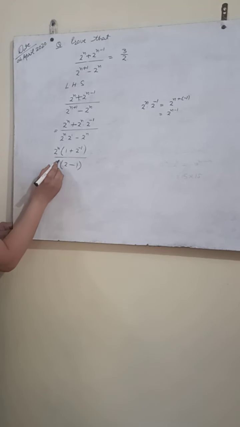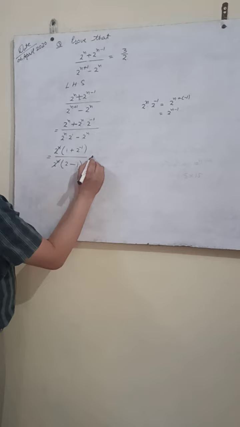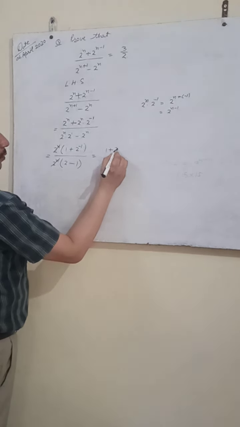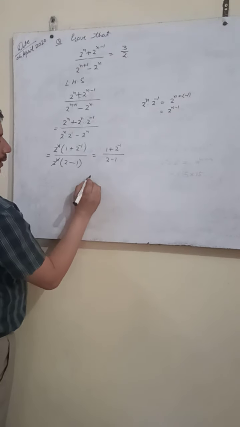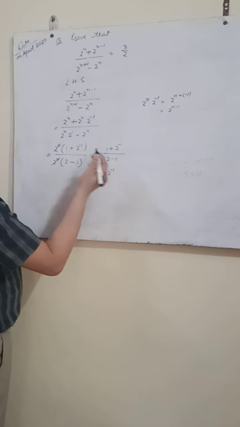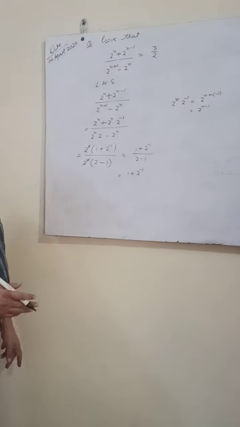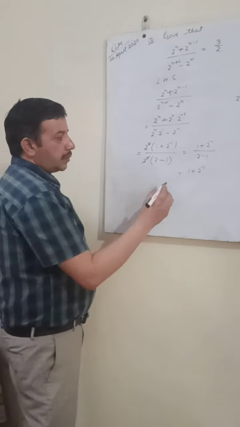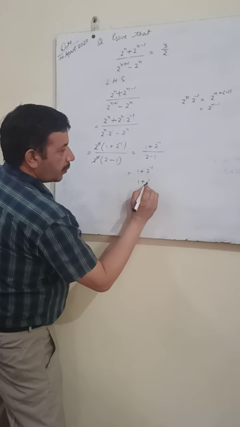Now 2 power n cancels with 2 power n and we are left with 1 plus 2 power minus 1 upon 2 minus 1. It is equal to 1 plus 2 power minus 1 upon 1. No need to write 1 because when something is divided by 1, the answer does not change. So now it is equal to 1 plus 1 upon 2.